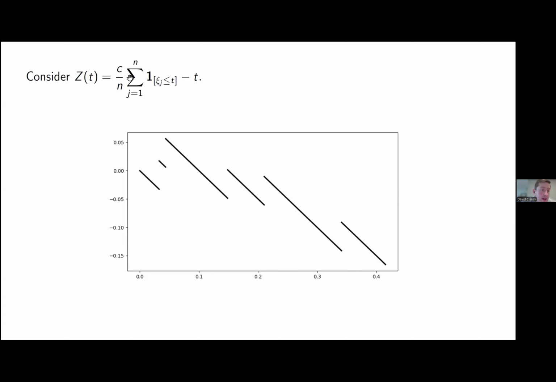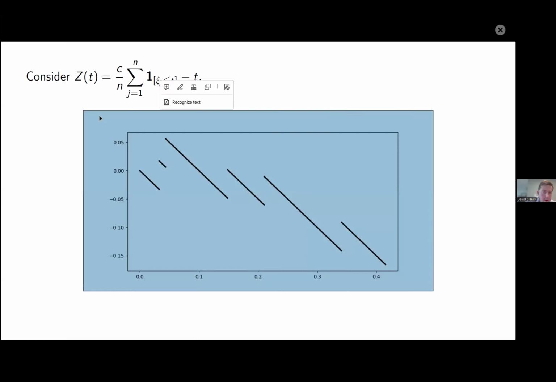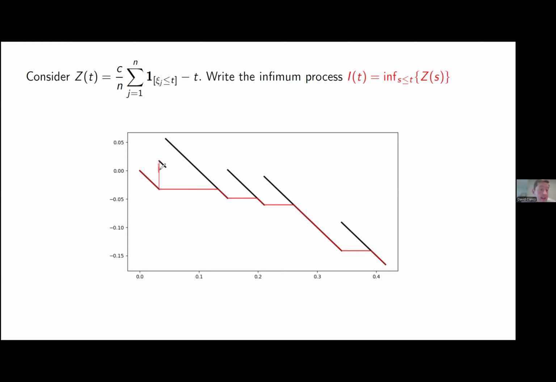If we forget about that c over n and just look at the actual empirical process, the sum of indicators for the arrivals, scaled by c over n, now almost surely it starts out with a negative drift below the horizontal axis. And then it will see its first jump. This first jump is telling us that we've discovered a vertex, and we're going to explore the connected component containing that vertex.